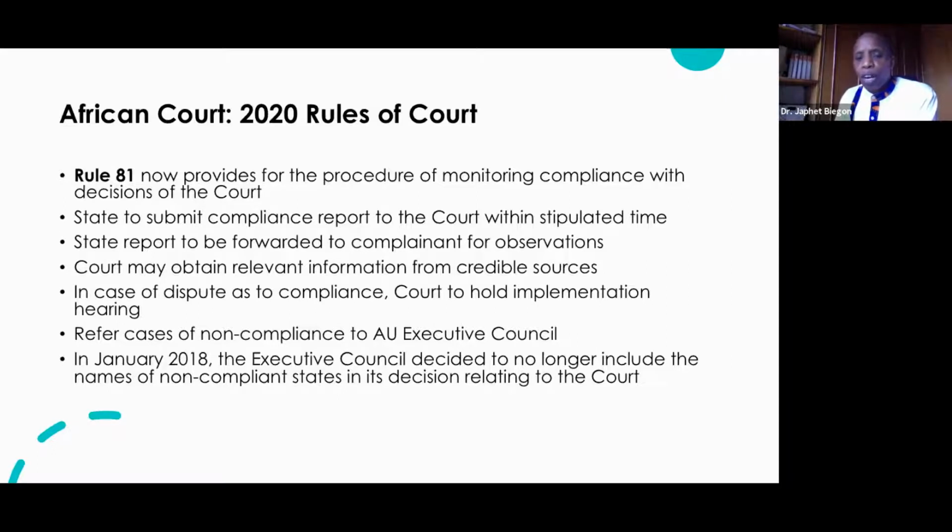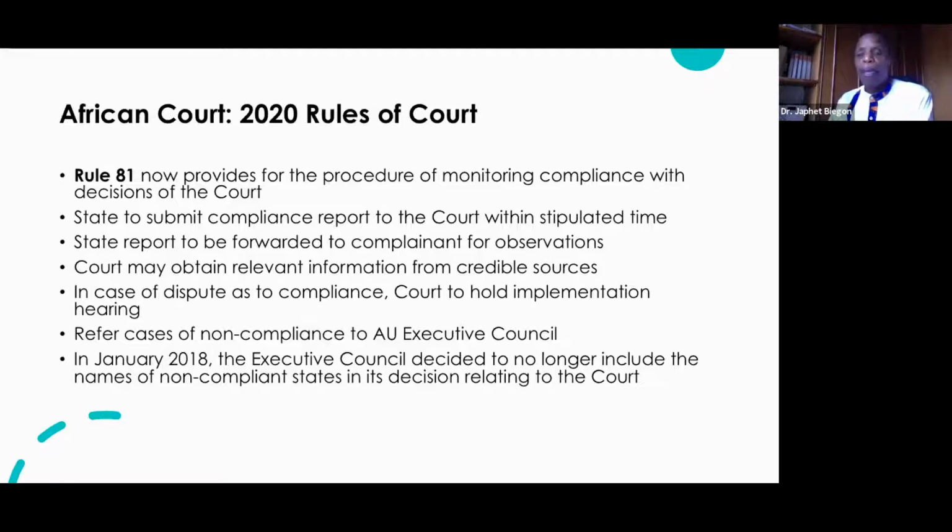Quite a retrogressive decision. And despite the fact that the president of the court tried to explain that Article 29 as read with 30 really provides for this mechanism of specifically mentioning countries that have not complied, the Executive Council was adamant that it will not be listing the countries that have not complied with the decisions of the court.